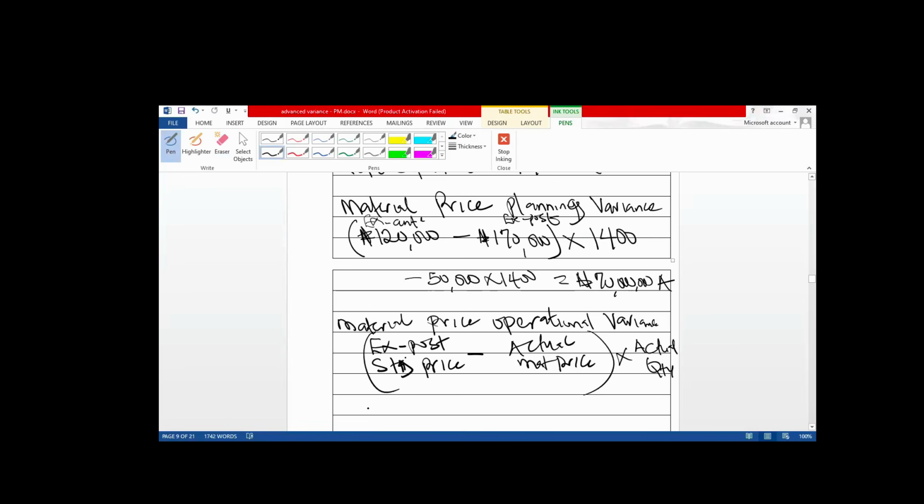Ex-post standard material price, 170. Actual material price, 160. Check note number 2. Actual quantity of component X purchased, 1,400.